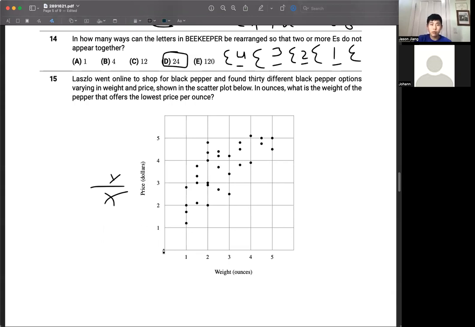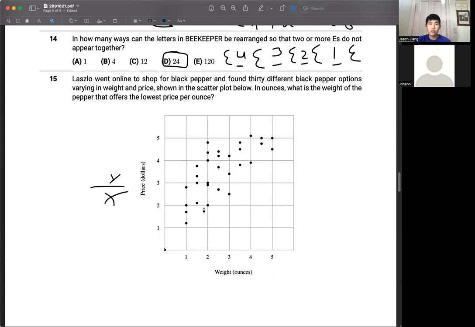So essentially what we're looking at is if we connected each dot to the origin, which one would be the least steep? And for each weight category, we only need to look at the one that's the cheapest, since there's no way something that weighs 1 ounce that costs $2 could be lower price per ounce than something that costs like 1.2-ish.